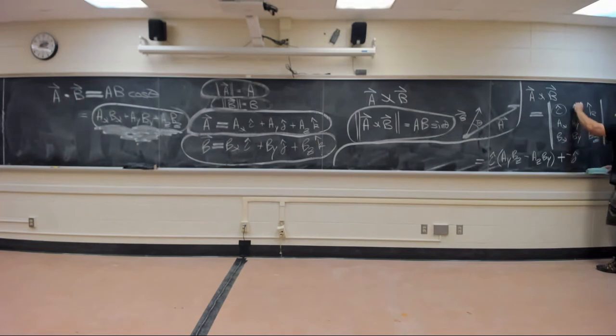Well, let's take a look. Row 1, column 2. 1 and 2 is 3. It's going to be a negative. So plus a negative. And here we go: AXBZ minus AZBX.